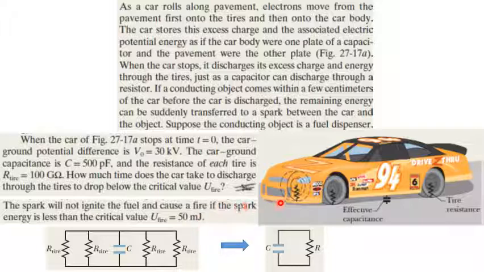So first of all, it is required to find out the initial stored energy in this capacitor system. If the initial stored energy is below 50 millijoules, it's okay. It will not make a spark.